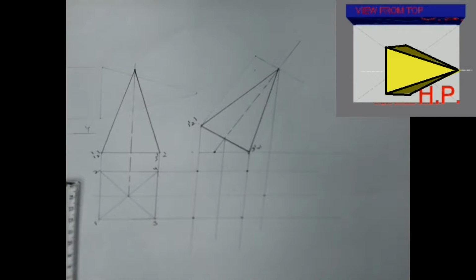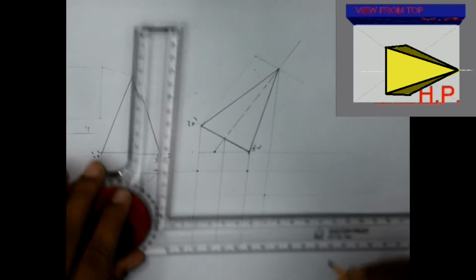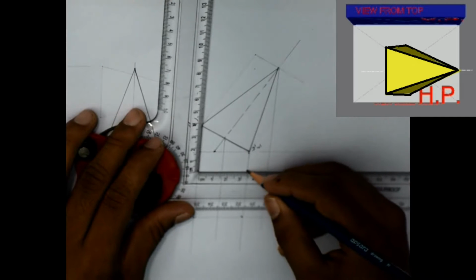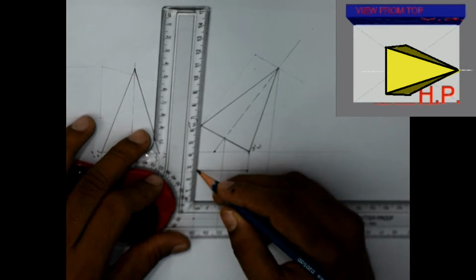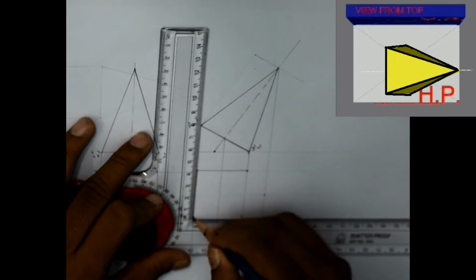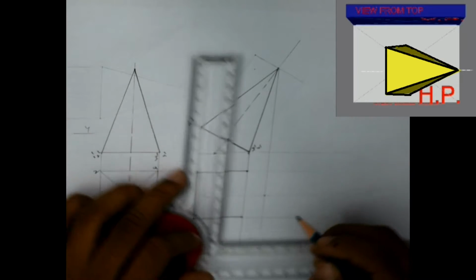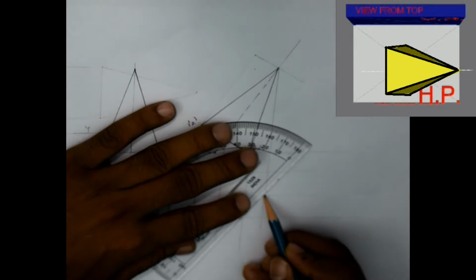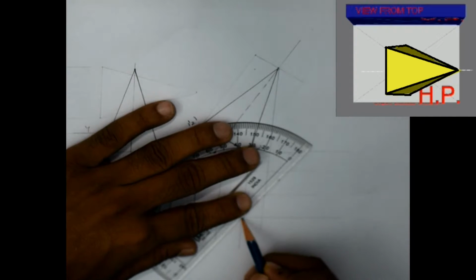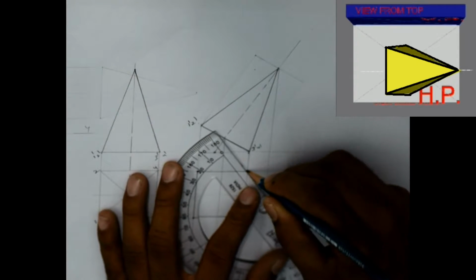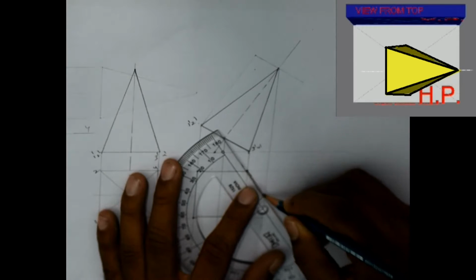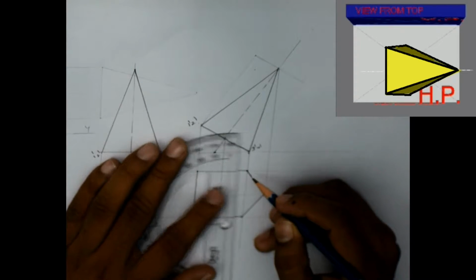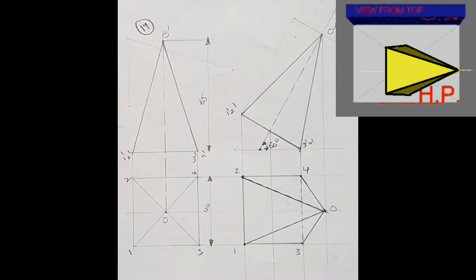So I will darken the portion which is visible from the top view. This is how it looks from the top view.